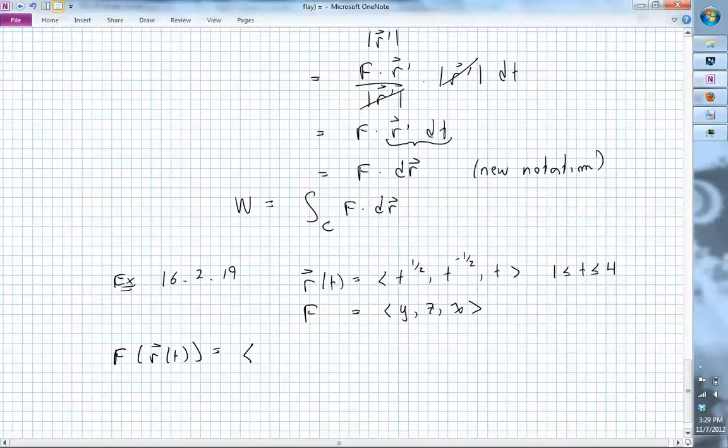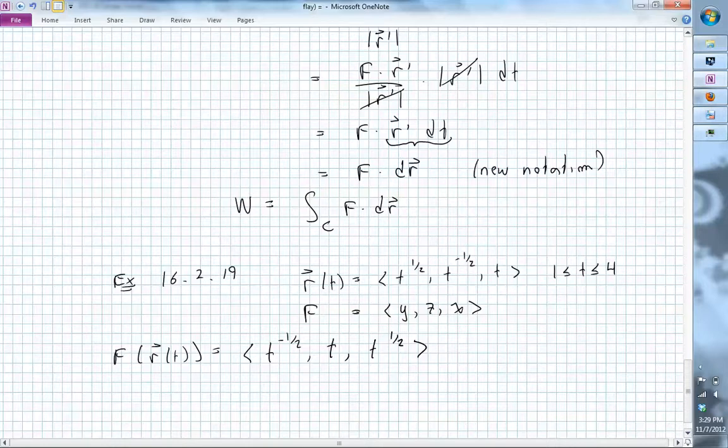The first coordinate of f is y. Along the curve, y is t to the minus 1/2. The next coordinate is z. Along the curve, z is t. And finally, the last one is x, and along the curve, x is t to the 1/2.